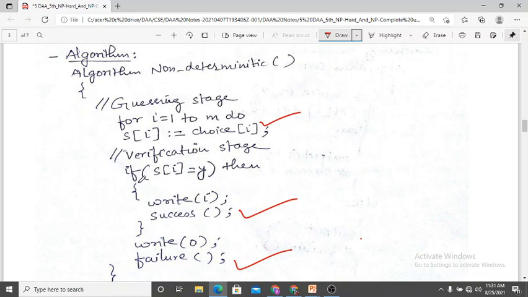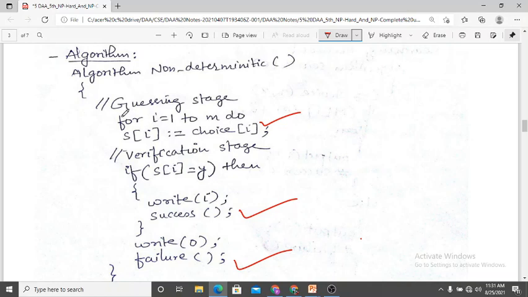What is verify? If s of i is equal to y, then write i. Here y is like yes, for example. So write i, then it will display success. Otherwise it will write 0, failure. This is not i, this is 1.